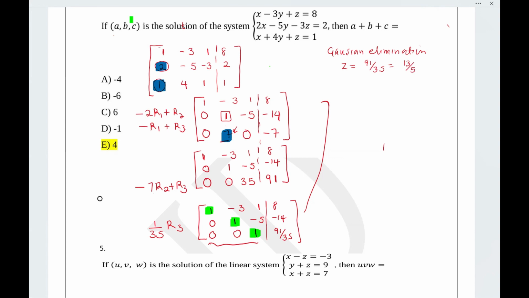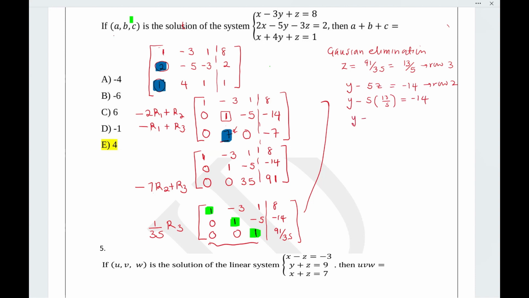And now if you go back, this is coming from row 3. Now you will also see that you have y minus 5z is equal to minus 14. This is coming from row 2. So this is going to be y minus 5 times z, which is 13 over 5, is equal to minus 14.